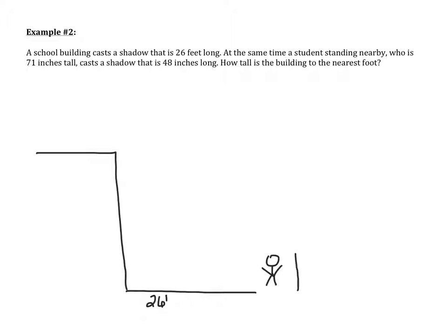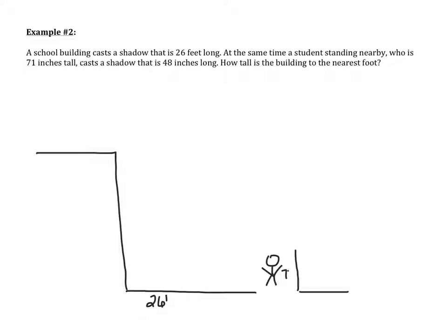But first, as always, let's draw a picture. So here is the school, and we know that it is casting a shadow that is 26 feet long. And then there's a guy standing next to it, or standing nearby, that is 71 inches tall, and his shadow is 48 inches long.